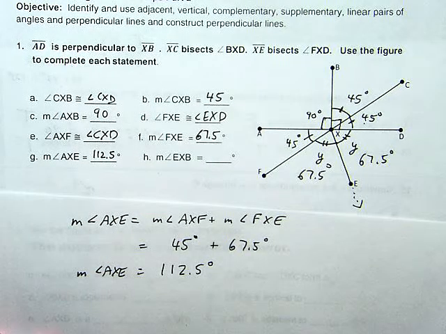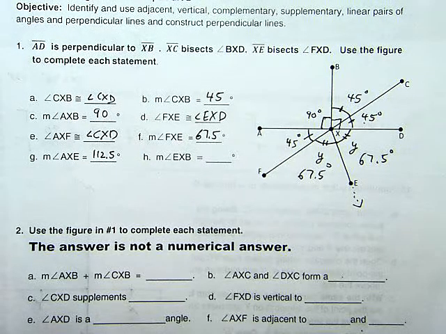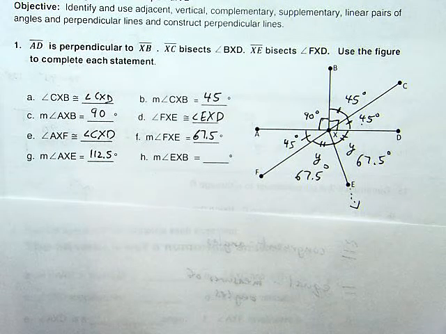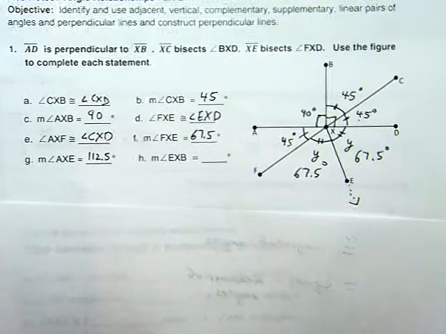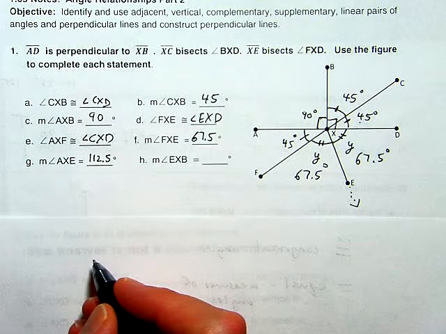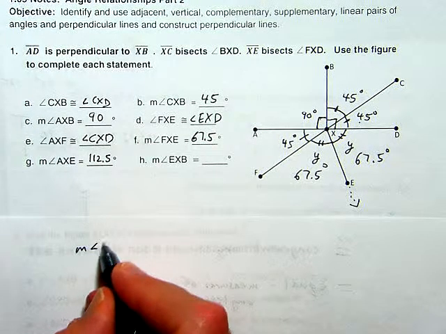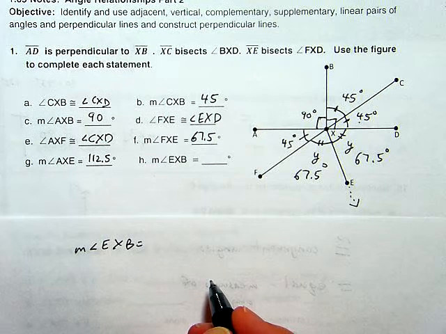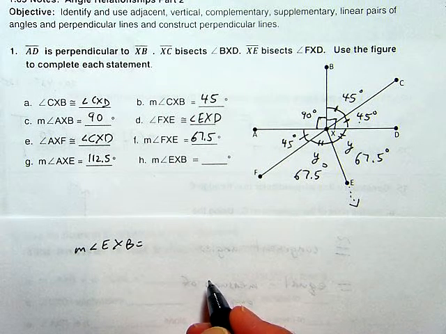Finally, the measure of angle EXB. Again, we have to use the angle addition postulate here, and if we take a look at the drawing, we'll determine that the measure of angle EXB is equal to the sum of three angles.